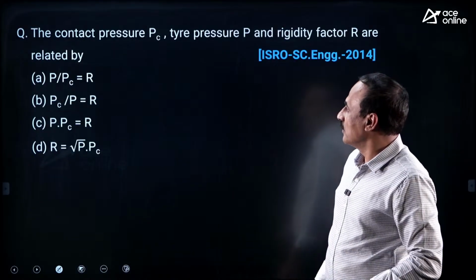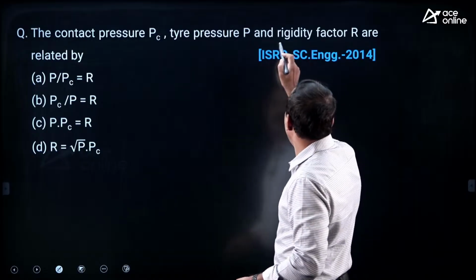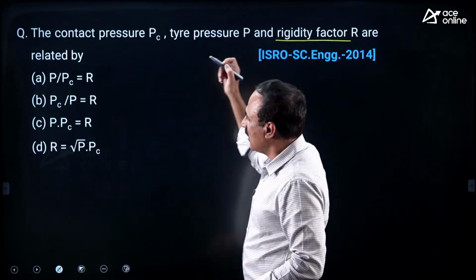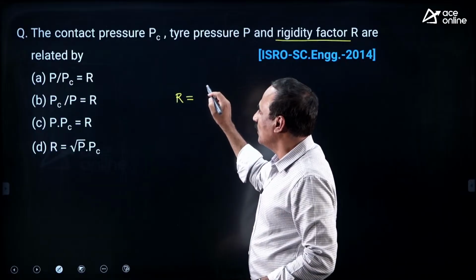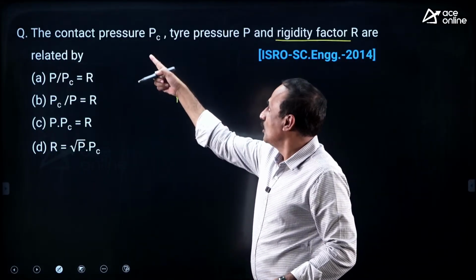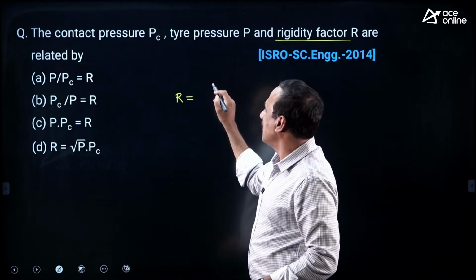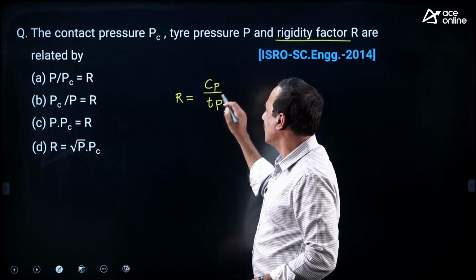Next, see this question. The contact pressure Pc, tire pressure P and rigidity factor R are related by. Rigidity factor, I told you, in the ABCD list, C is in the numerator, P in the denominator. Contact pressure by tire pressure.